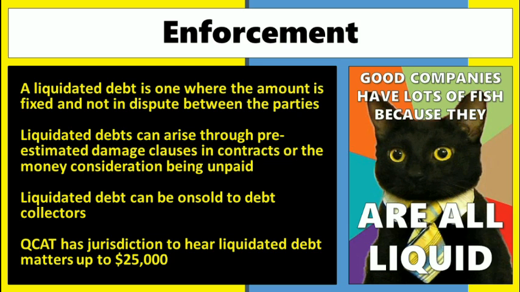It can also arise in situations where there's been a breach of contract, and there's a pre-estimated damages clause in that contract. And a couple of things to note about these debts, in that if it can be clearly demonstrated that a debt is owed and the amount is clear, and the liquidated debt rules apply, these, in most circumstances, can actually be on-sold.